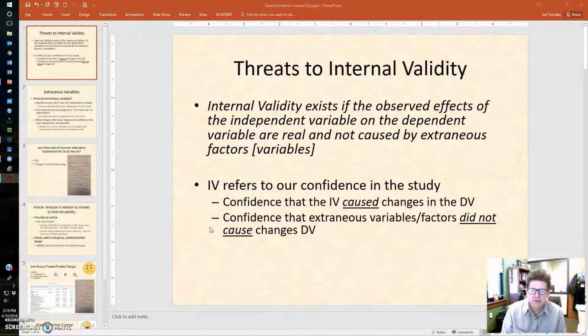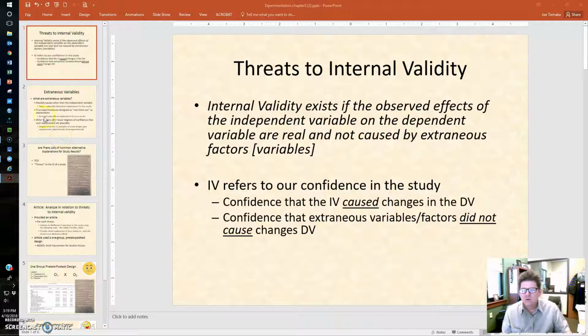Another way of thinking about this is internal validity refers to our confidence in the study, specifically our confidence that the IV, the independent variable, caused the changes in the dependent variable or the outcome variable, and conversely our confidence that the extraneous variables or extraneous factors did not cause changes in the DV.